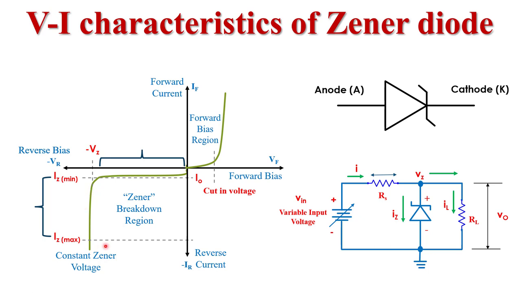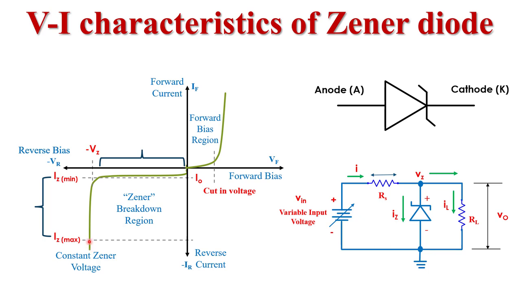This region is called the Zener breakdown region. The region between Iz minimum and Iz maximum is called the Zener breakdown region. If the current is smaller than Iz minimum, it is considered a leakage current, and if the current is greater than Iz maximum, it will destroy the Zener diode.